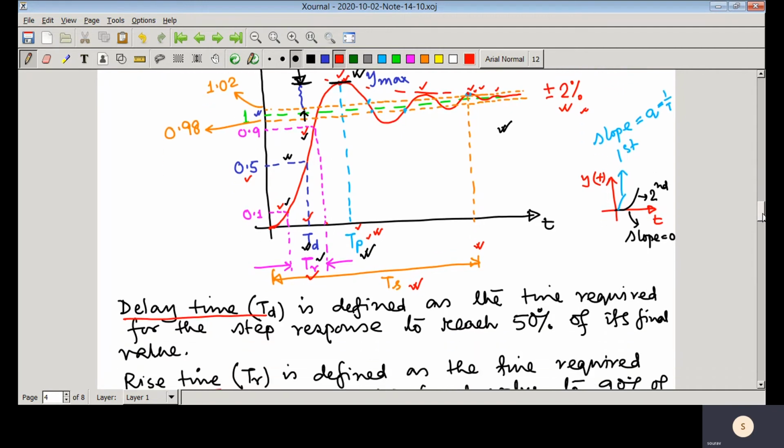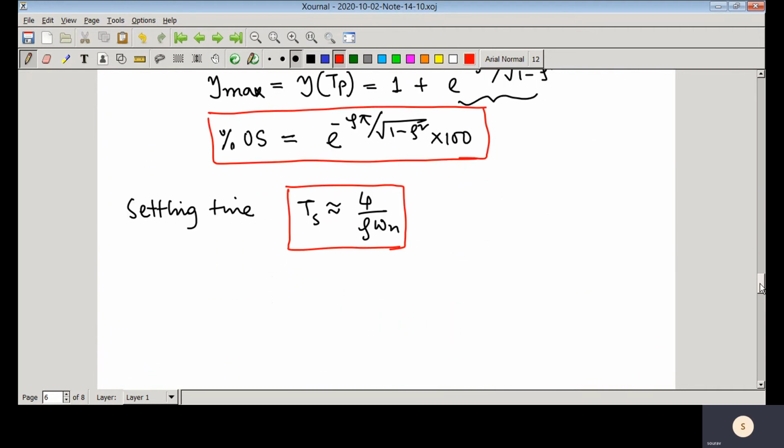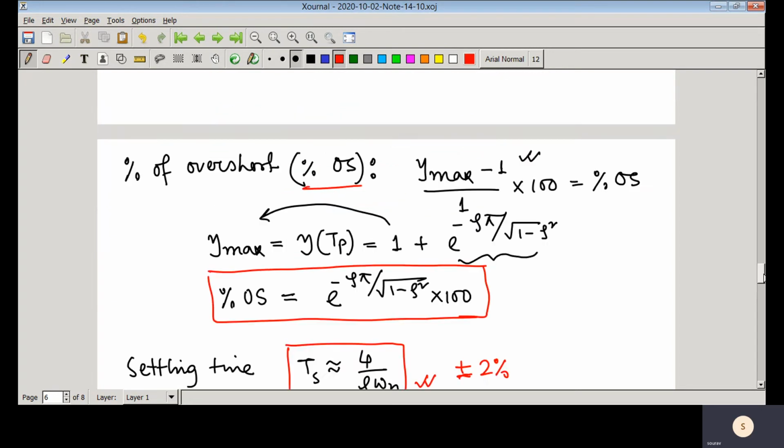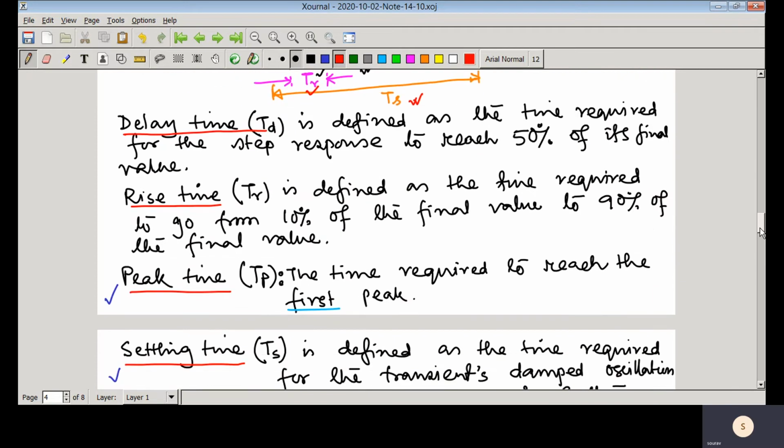Then you can take some simplification, some approximation, and finally you will get that settling time. It is nearly equal to 4 by zeta omega n, and mind that here we have taken the plus minus 2% band. In some cases a 5% band is also considered. If you take plus minus 5% in place of plus minus 2%, the value would be different.